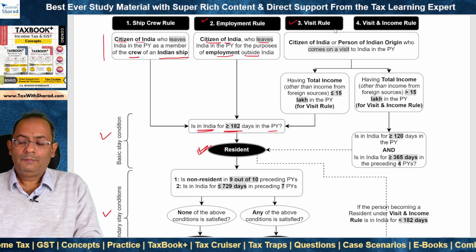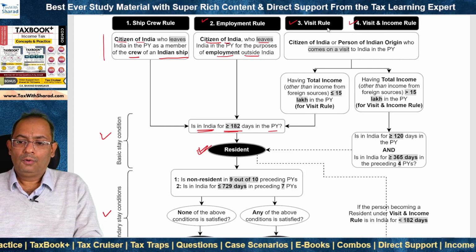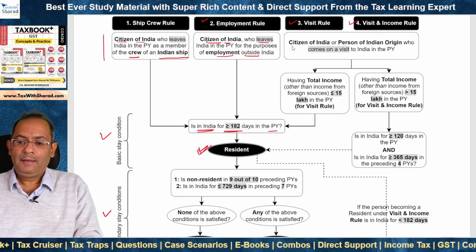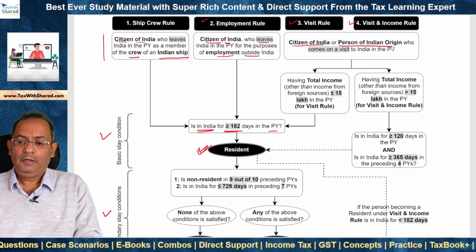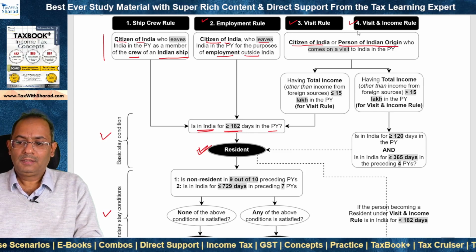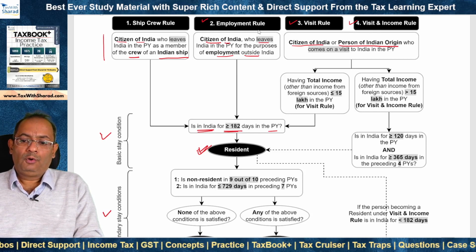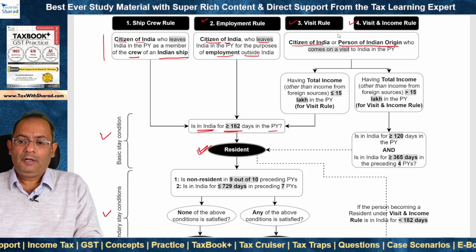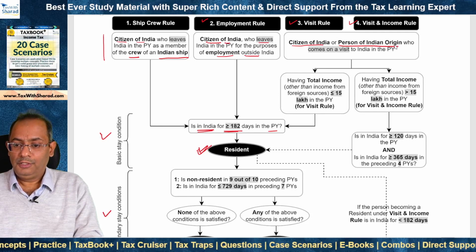The third rule is the visit rule, and the fourth rule is the visit and income rule. Both the third and the fourth rules apply not only to a citizen of India but also to a person of Indian origin, right? So this is an addition. Ship crew rule and employment rule apply to a citizen of India, but visit rule and visit and income rule apply also to a person of Indian origin.